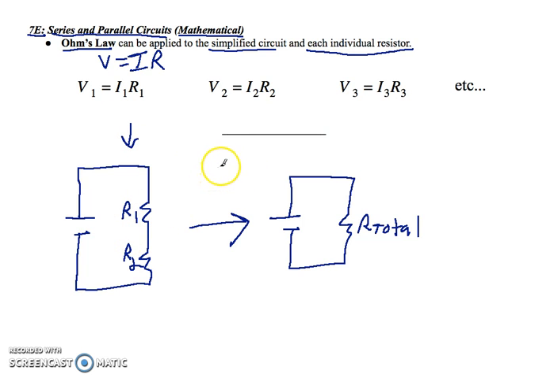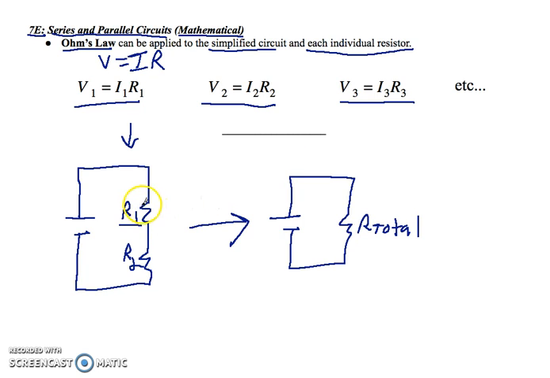So that's what all these formulas are really saying. V1 = I1 R1, V2 = I2 R2, V3 = I3 R3, and so on. Each resistor you have, let's say we're looking at R1, Ohm's law can be applied to each individual one.